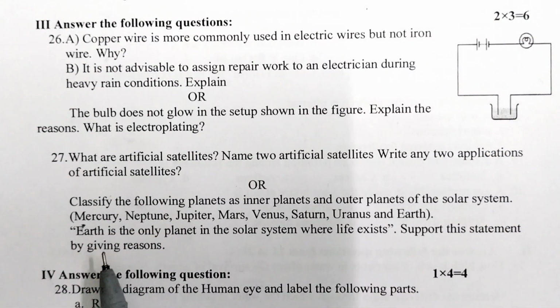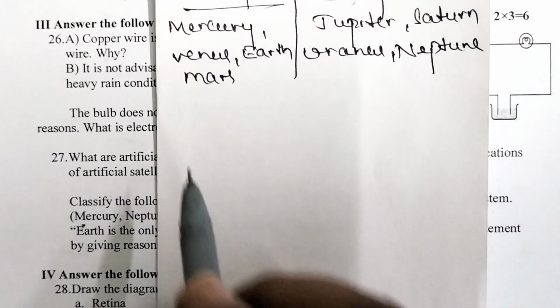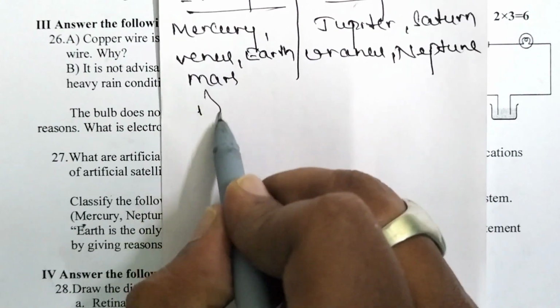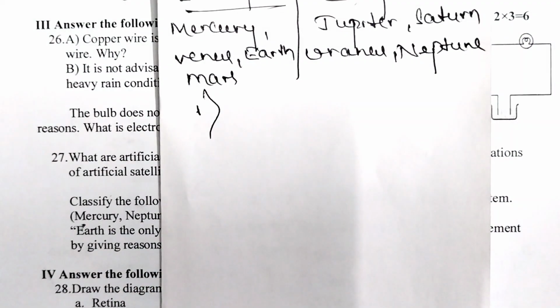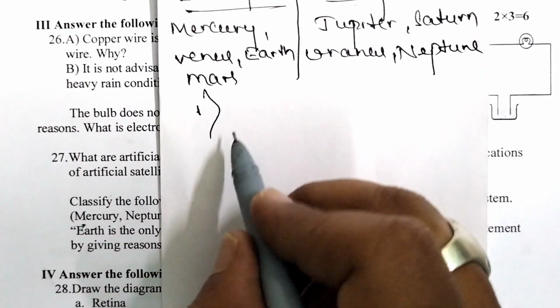So now let us answer another question. Earth is the only planet in the solar system where life exists. Support this statement by giving reasons. So now let us answer what makes life exist on the earth.